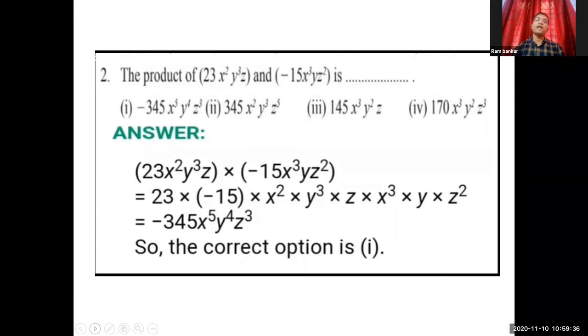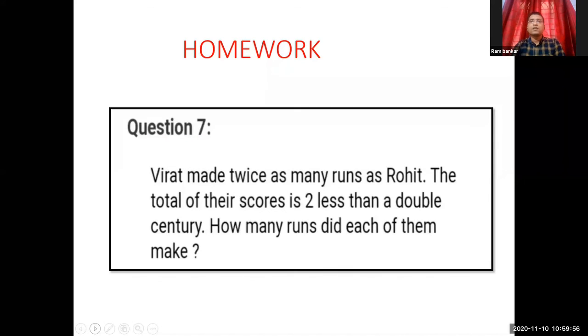Now students, we will understand multiplication and equations with one variable. Students, we have to solve this. Take a screenshot of this.